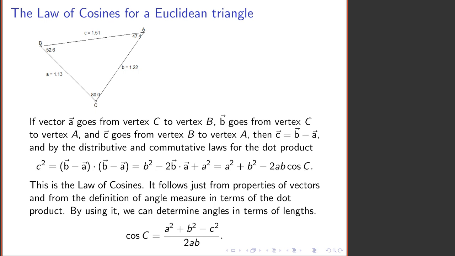And this formula is interesting because it lets us write the cosine of any angle of the triangle in terms of the lengths of the three sides. You've already seen in Euclidean geometry that given three lengths that satisfy the triangle inequality, I can construct a triangle with those three lengths, and therefore it shouldn't be unreasonable to discover that the cosines of the various angles are completely determined by the lengths.